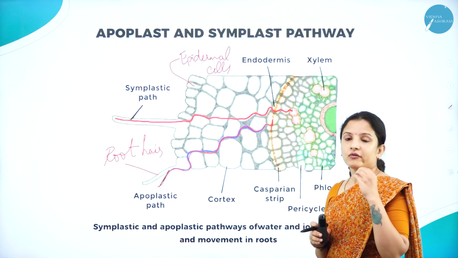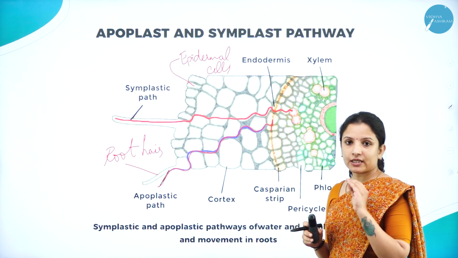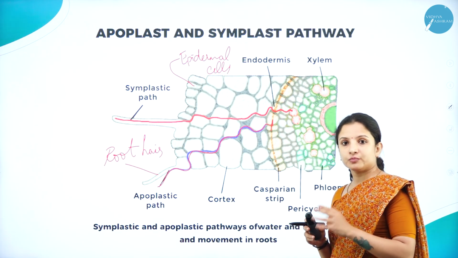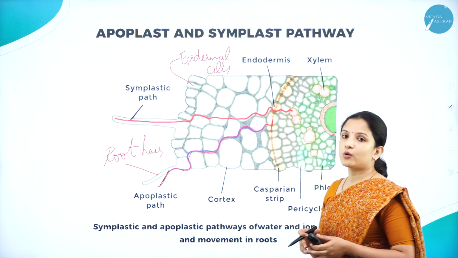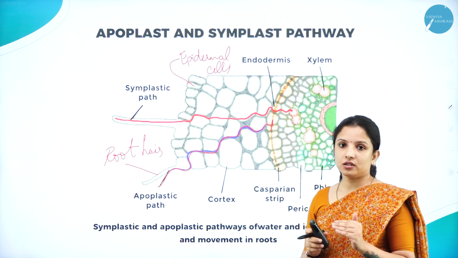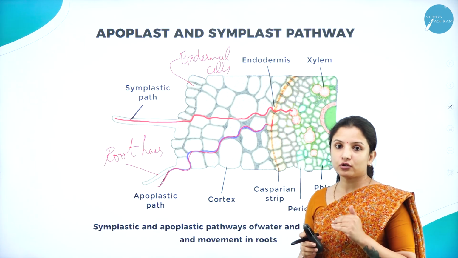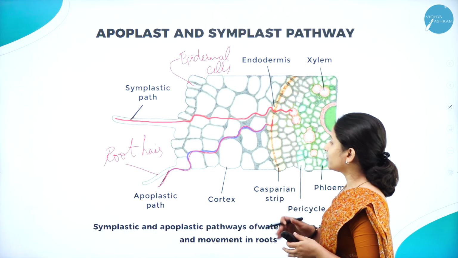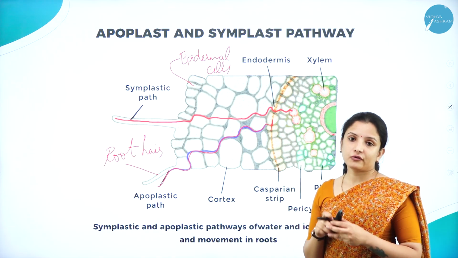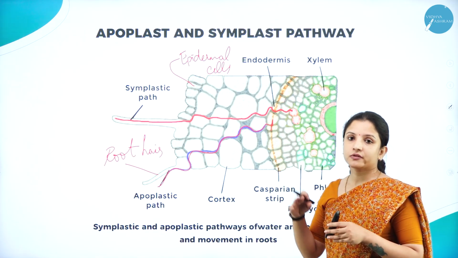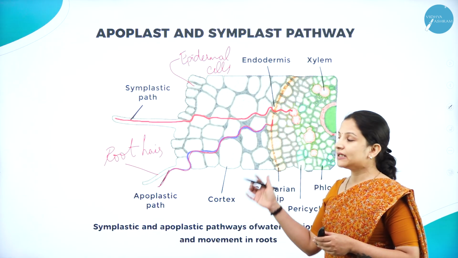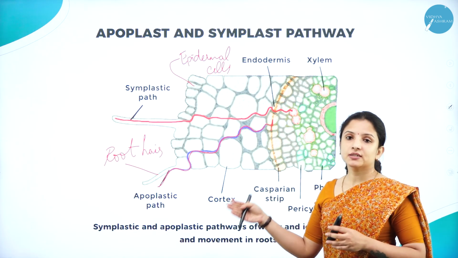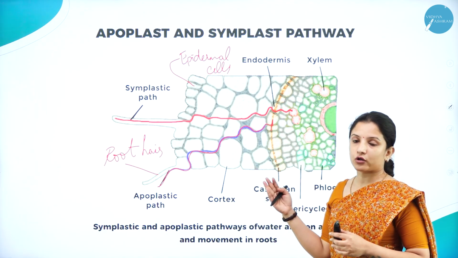The cell membrane of the endodermis has suberin deposition, and therefore suberin will not allow the water molecules to move further because it is impermeable to water molecules. That is why it will create a lot of tension in the water molecules, which is not favorable to the plants. That is why plants prefer the symplastic pathway of water movement.